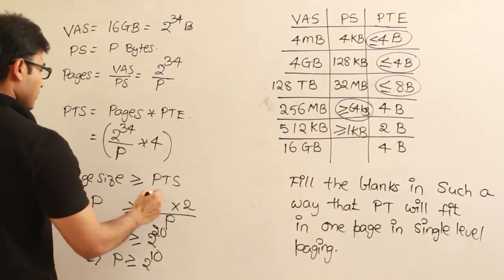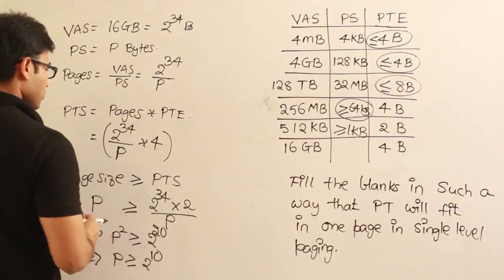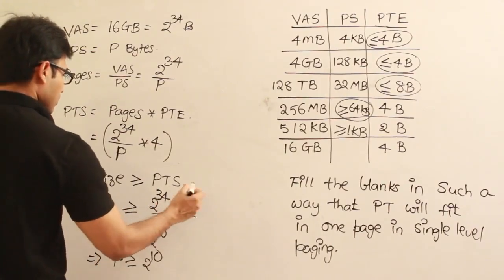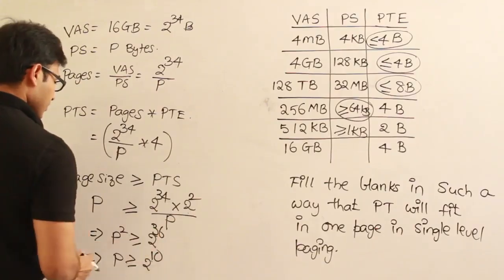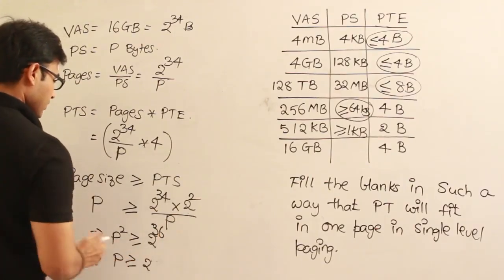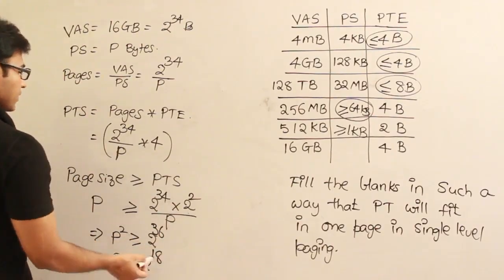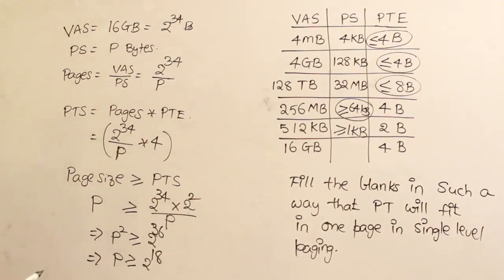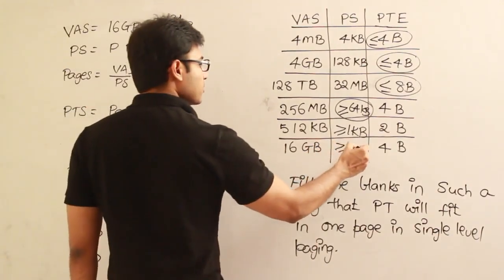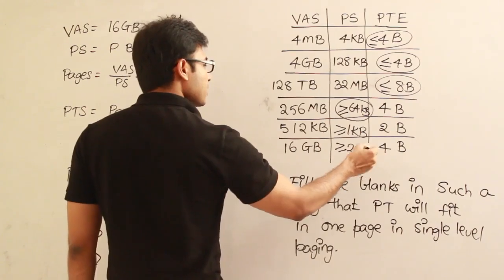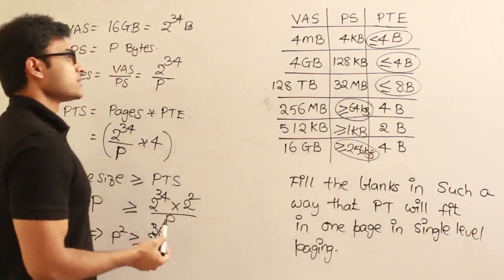So it is 2 power 34 into 2 power 2, therefore 2 power 36. P square is 2 power 36 over... P square is 2 power 18, right? Then in this question, how much should the page size be? 256 KB. Page size should be greater than or equal to 256 KB, right?